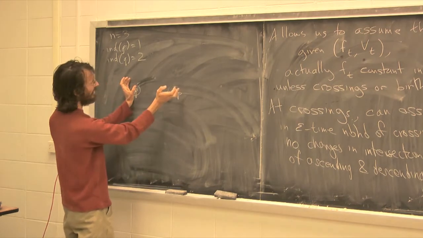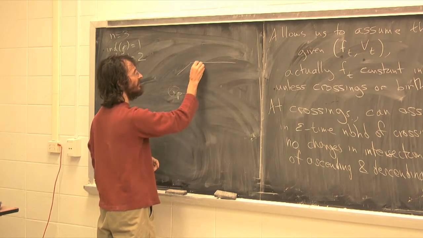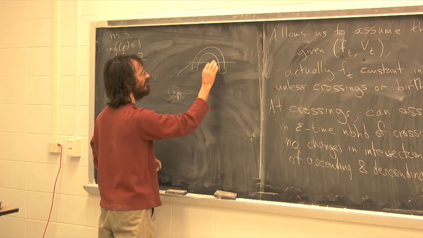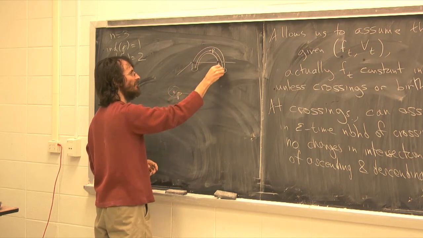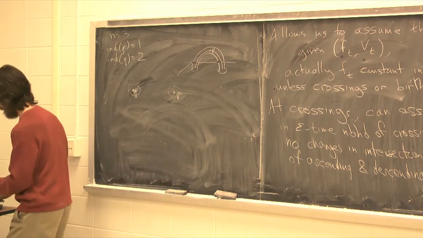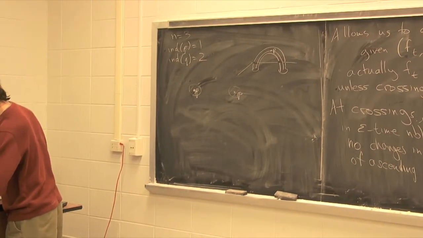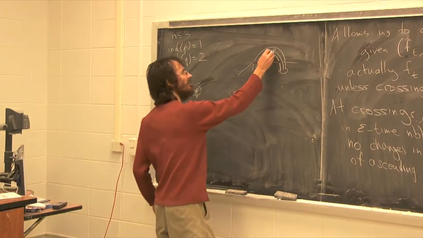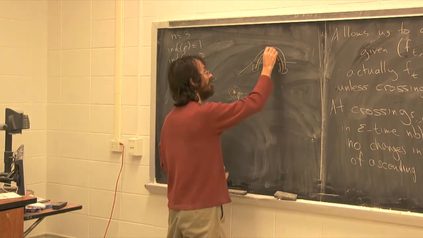Now, I'll draw the 3-dimensional picture on the side here. There's really the point p, and there's this descending manifold, and the ascending manifold.